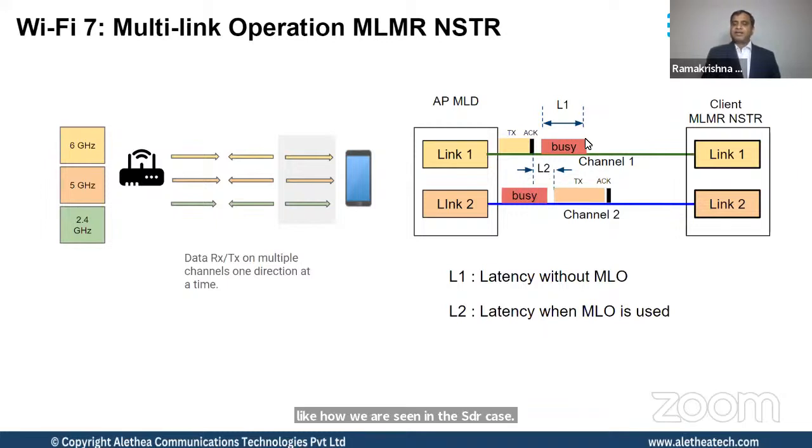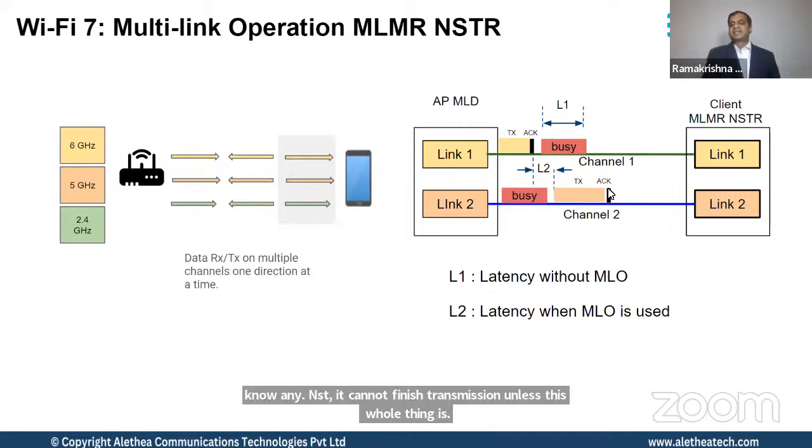The main thing I would like to point out is that at this point, channel 1 is not busy anymore. So there can be transmission starting here if it was an STR case. In any NSTR case, it cannot finish transmission unless this whole thing is complete and even the ACK is received.